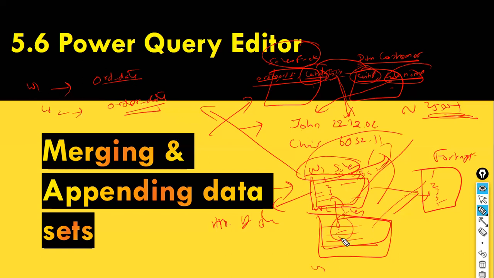Before you append the data, you make sure that the column names are same. Here the column names are not same. Will it fail? It will not fail. After you combine these two data sets into a single file, you have two columns, ORD date and order date, two different columns.